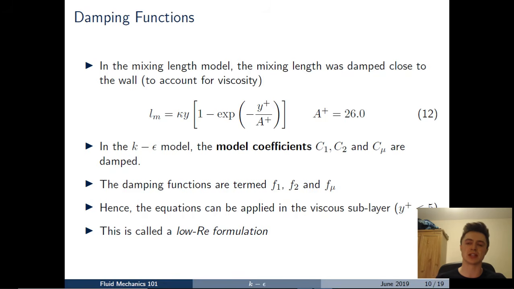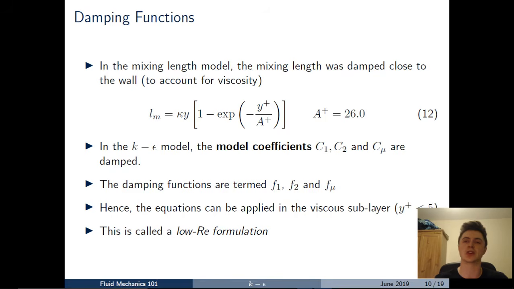So what that means is that the damping function F1 damps the coefficient C1, the damping function F2 damps the coefficient C2, and so on. And by applying these damping functions, what it means is that in theory we could apply the k-epsilon model all the way up to the wall, or what that means in a CFD code is we can solve the equations even when our cell that's closest to the wall is in the viscous sublayer.